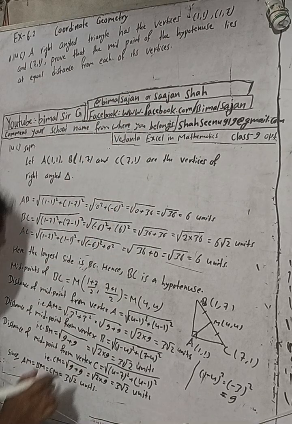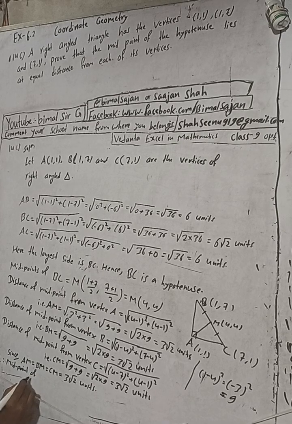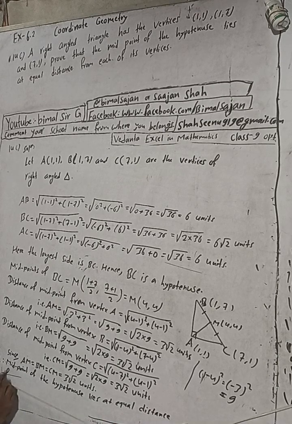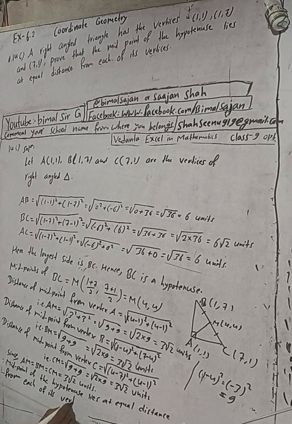You can write this language: Therefore the midpoint of the hypotenuse lies at equal distance from each of its vertices.